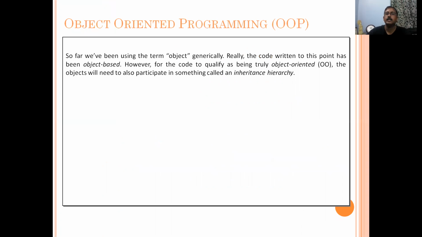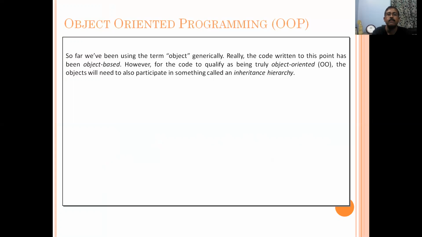So let's get started. When we say object-oriented programming, that means we have the concept of object in the programming paradigm. In that sense, we have already used the concept of objects while doing Python programming till now, right? We have talked about objects of type list or objects of type dictionary, right?